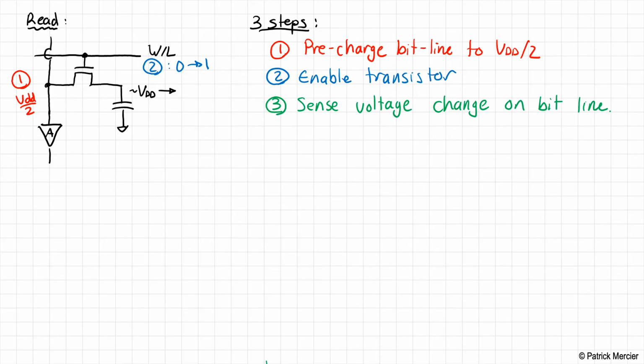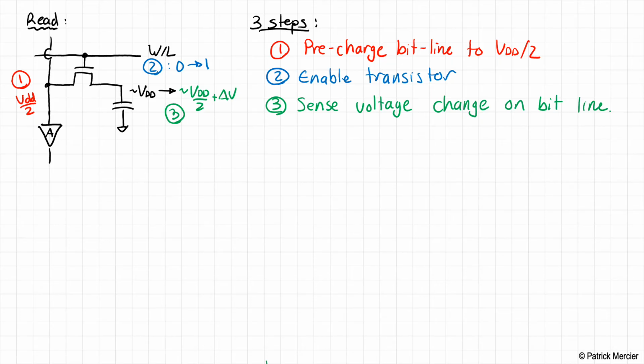Likewise, the capacitance on this side is also just floating there. So effectively what we're going to have is some charge sharing. Whatever capacitance is on the bit line is going to share with whatever charge is stored in the cell. And so this is going to go to approximately VDD over 2 plus some delta V. And this is step 3.